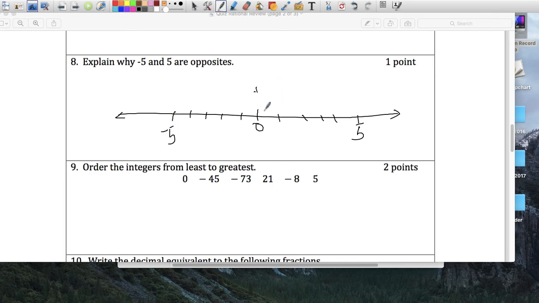Well, this one is 1, 2, 3, 4, 5 units away from 0, and this integer is also 1, 2, 3, 4, 5 units away from 0. So they're on opposite sides. One is positive, one is negative, and they're both 5 units away from 0. That's why they're called opposites.